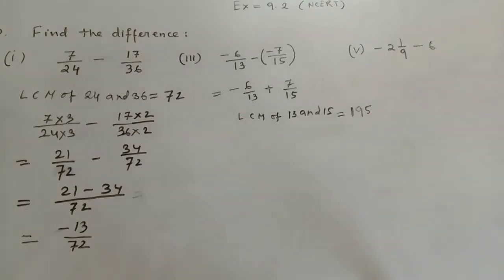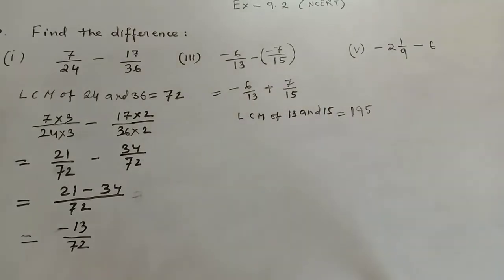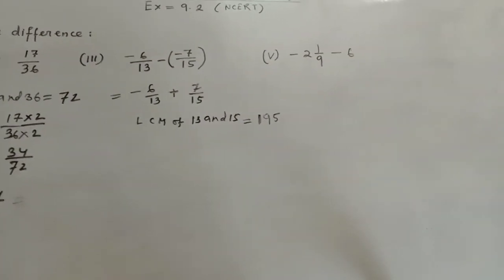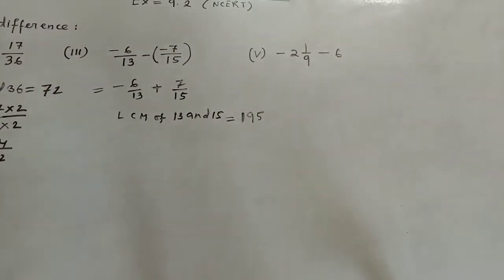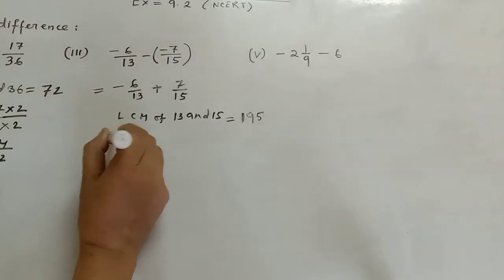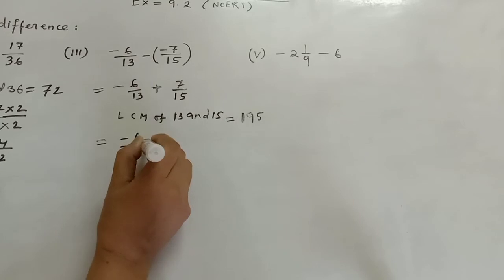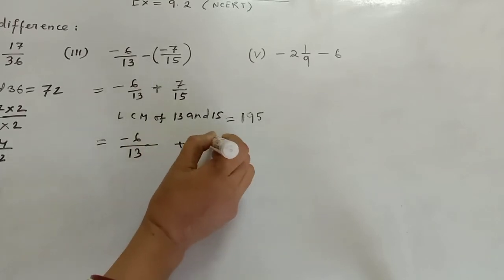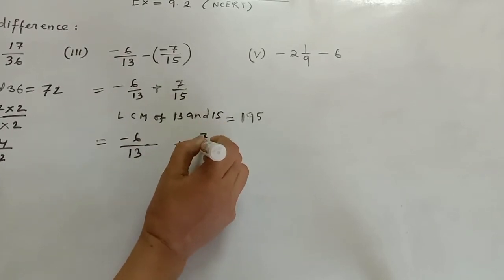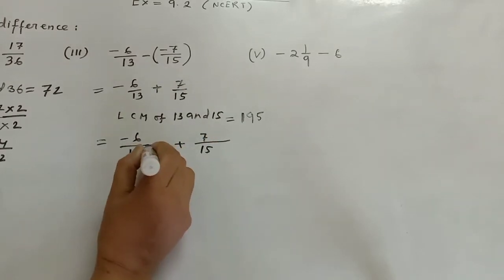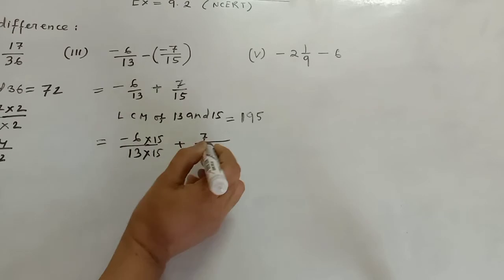Now to make the denominator 195, what you will do: minus 6 by 13 plus 7 by 15. You want to make it 195, so for 13 you have to multiply both numerator and denominator by 15.